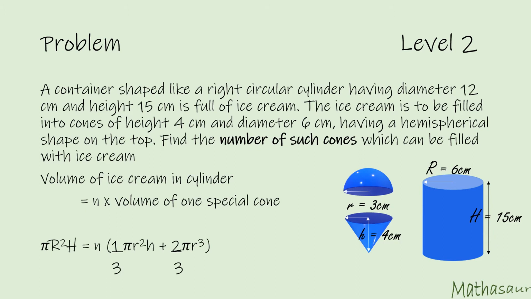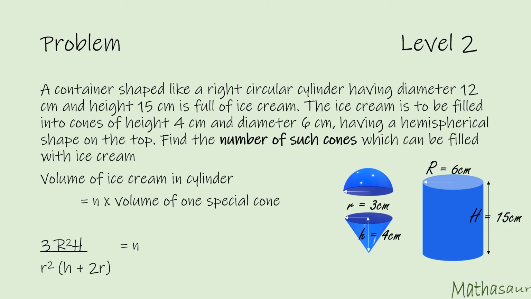On the left, we would have pi times capital R square times capital H. On the right hand side, we would have n times volume of cone plus volume of hemisphere, or n times 1 upon 3 times pi r square h plus 2 upon 3 times pi r cube. We can take pi r square by 3 common and have h plus 2r in a bracket. Let us divide both the sides by pi.